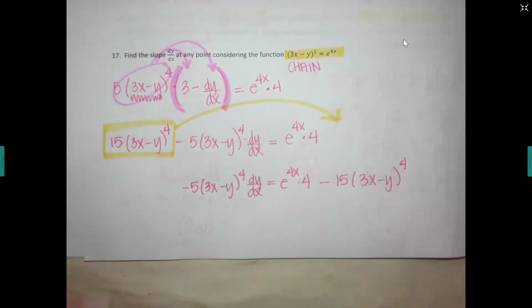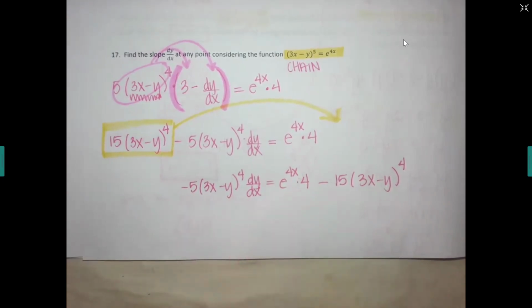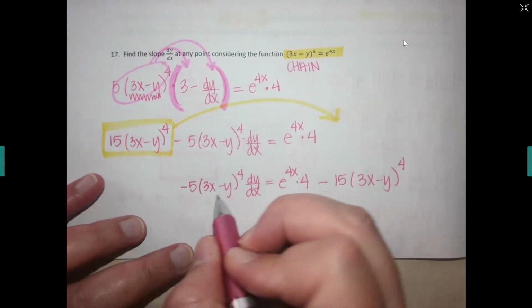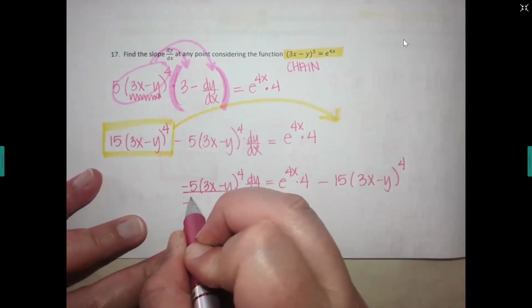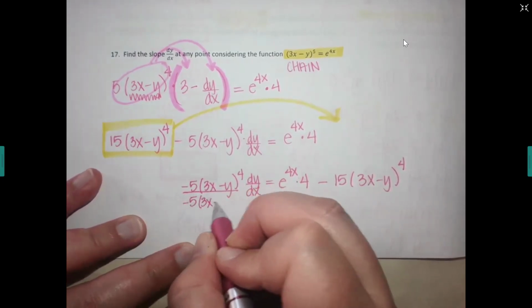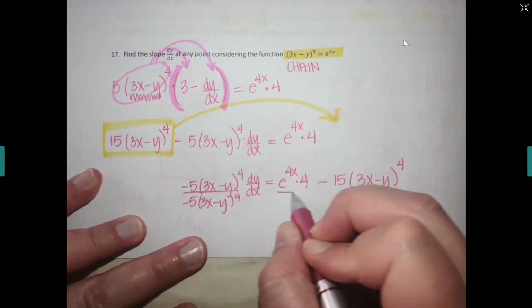And then out of this part, this front piece, since it's multiplied with the dy dx, we're going to divide it to the bottom. So I'll divide this here, and I'll divide it here.